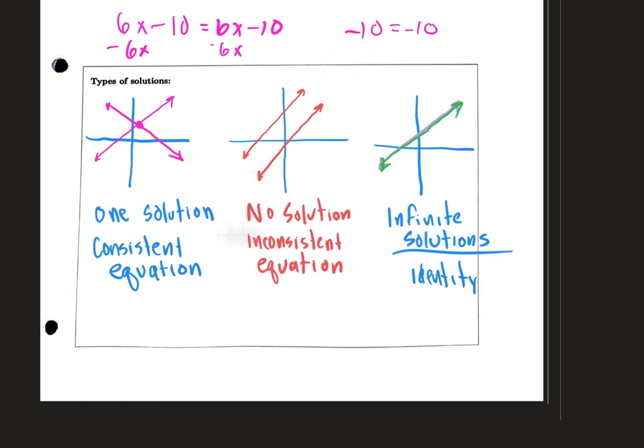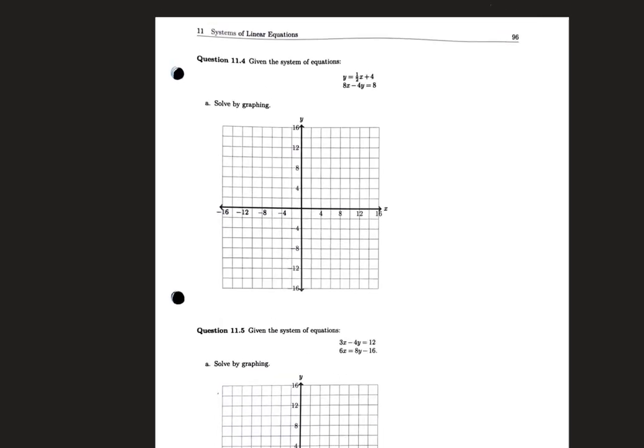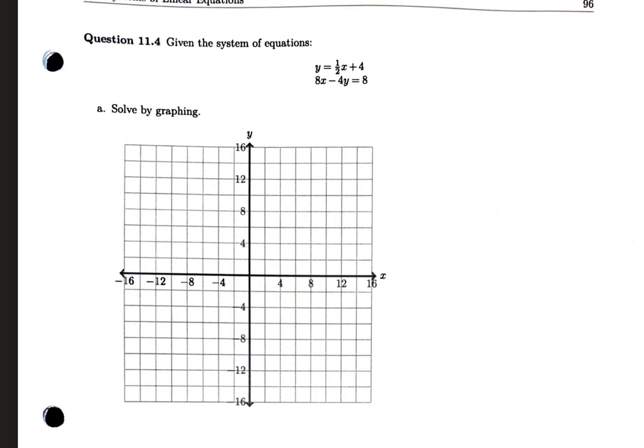Okay, so let's look at how we solve these systems of equations by graphing. Okay, once again, graphing is the least effective way to do this, so I'm just going to do these 2 problems. You can kind of get the idea here. So when I'm graphing, I think the easiest thing to do here is solve for y.